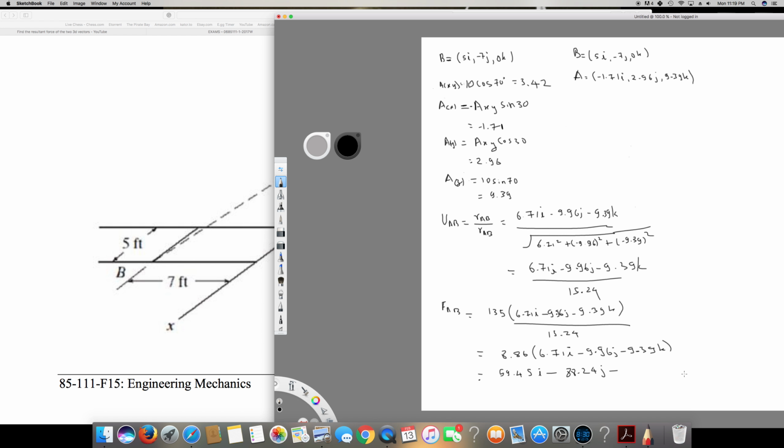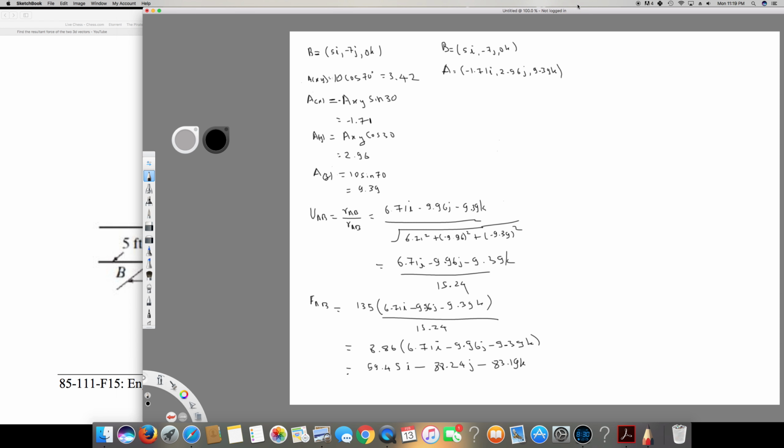And if I multiply 8.86 times 9.39, it's going to be equal to 83.19, so 83.19 K. Sorry. So these are my IJK values.